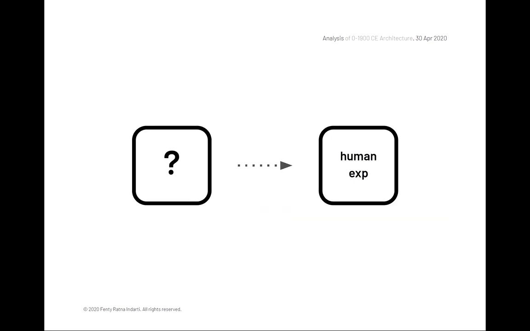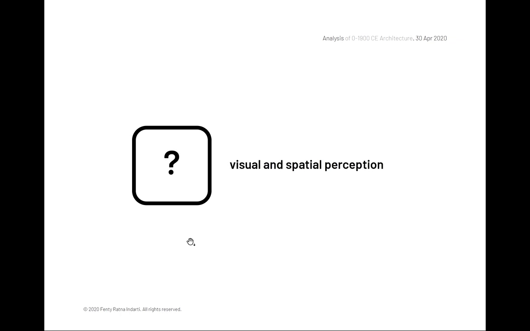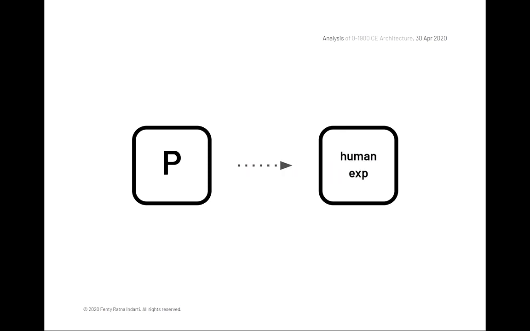It means how we see architecture. It is related to human experience, like I said before, and what is affecting it. It's actually caused by the visual and spatial perception, don't you think? Visual and spatial perception affect the human experience.